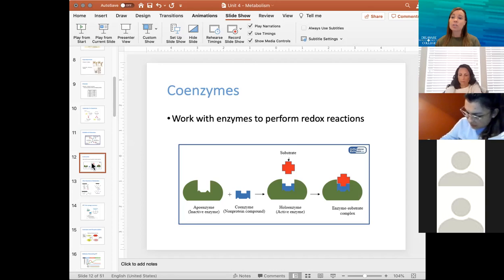When it has the H's on it, you know that that is the reduced form, because if it's been reduced, it's gaining hydrogen ions plus electrons and energy. So when it becomes reduced, it's gaining energy, and FADH2 contains the potential energy to eventually form 1.5 ATP molecules.